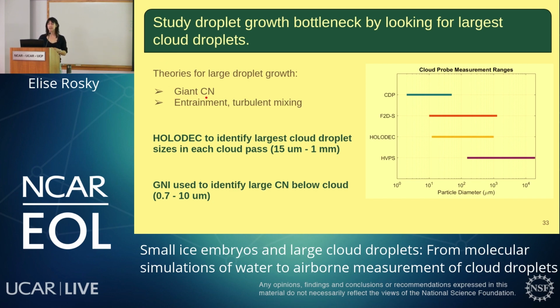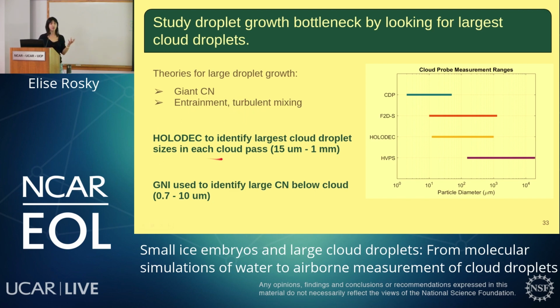The first is that they condense onto giant cloud nuclei, so they sort of get a head start in growing to a large droplet. The second is that entrainment of outside air and turbulent mixing helps broaden the size distributions. Since I'm looking only at unmixed cloud parcels, I won't be able to address this one at this time.